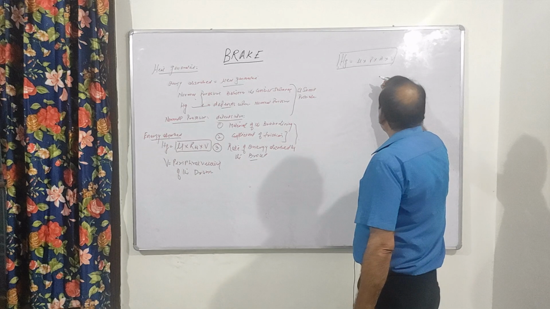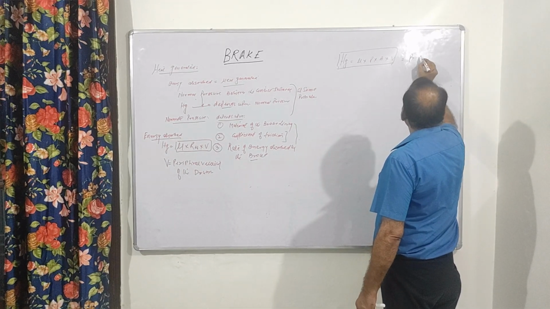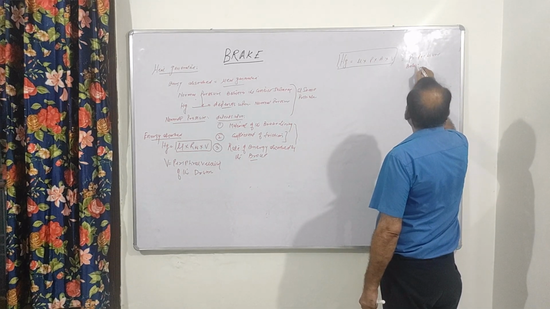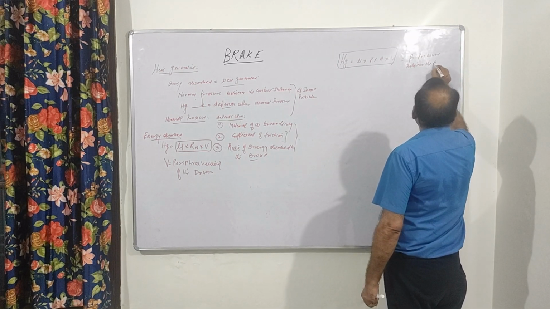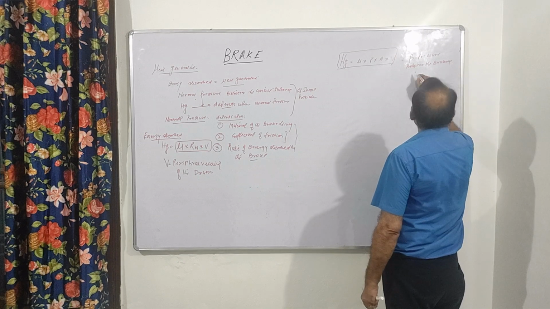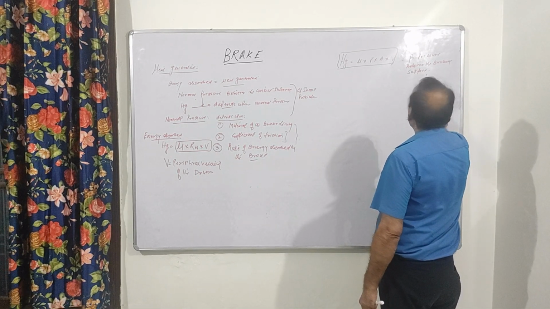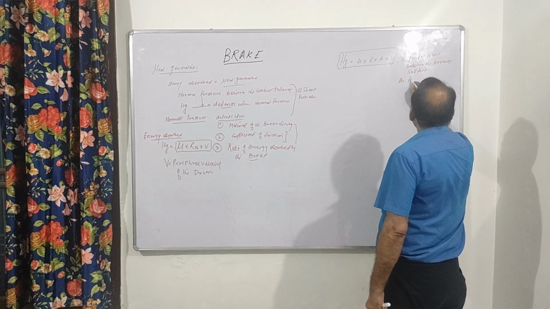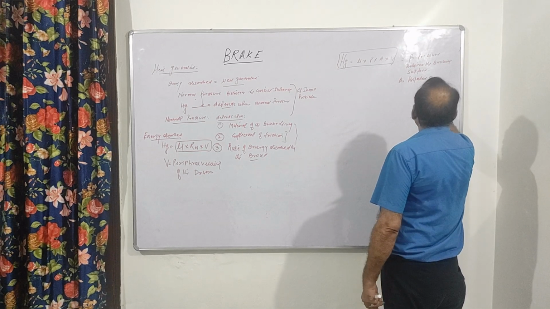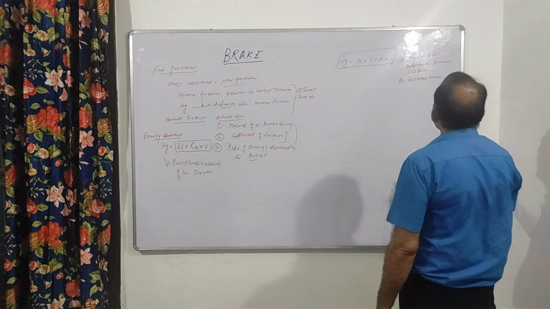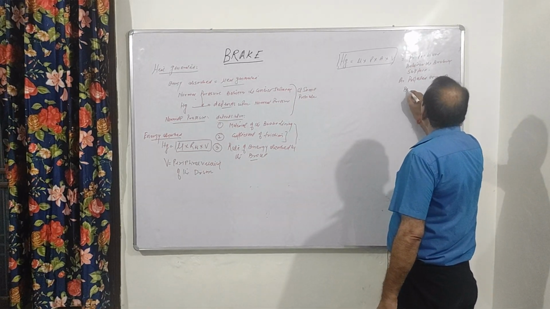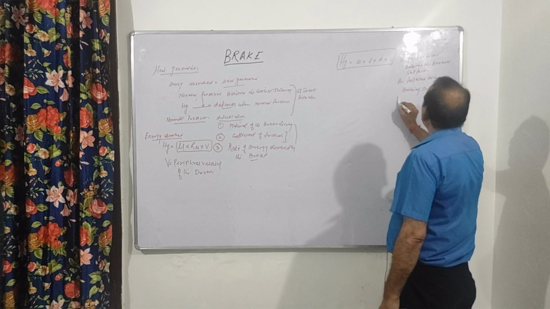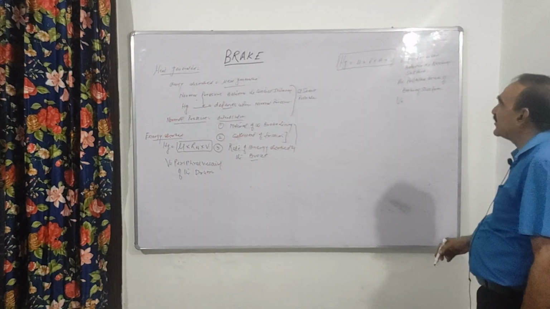So what is your this? Here P is the pressure between the braking surface. म्यू तो आपको पता है कोफिशिएंट ऑफ फ्रिक्शन है. एरिया A is the projected area of braking surface, and V, which I have already given you, is the peripheral velocity of the drum.